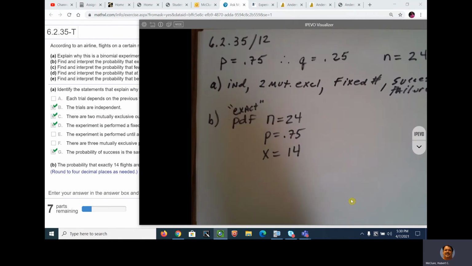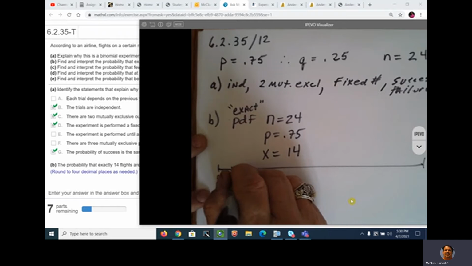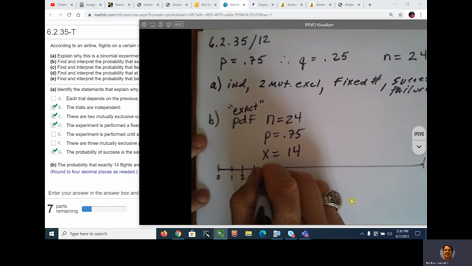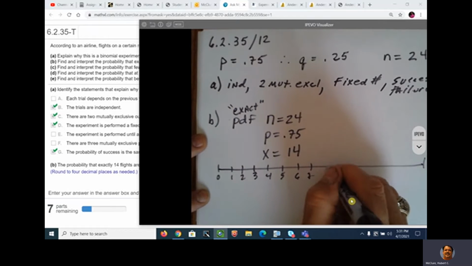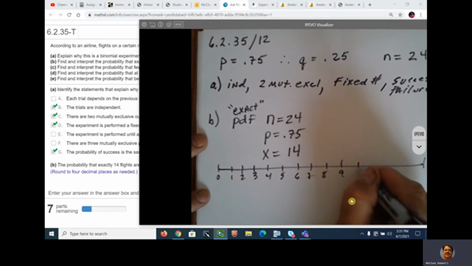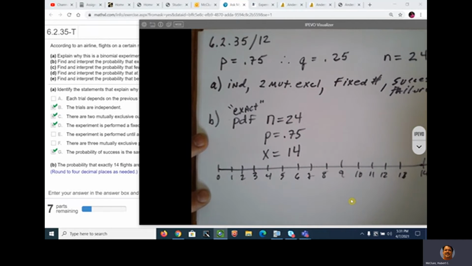And it means on a number line from 0, 1, 2, 3, 4, 5, 6, 7, 8, 9, 10, 11, 12, 13, 14, all the way up to 24.